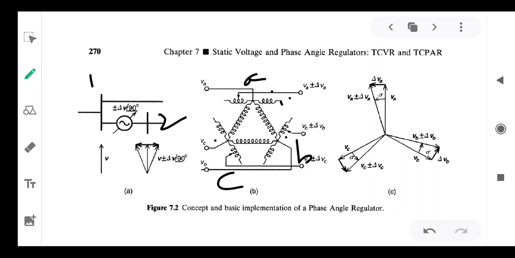This is the phasor diagram. Let us look at the VA.